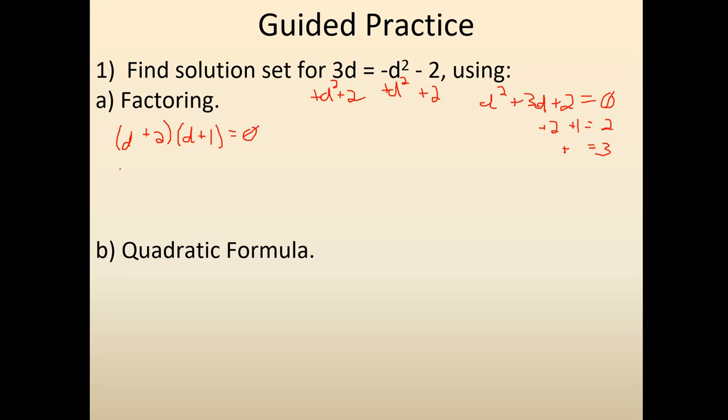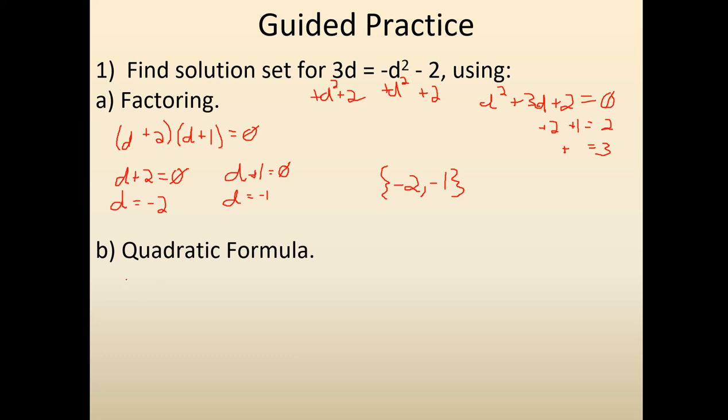Setting these each equal to 0, I get d plus 2 equals 0 and d plus 1 equals 0. From here, I just solve for d. For this one, I subtract the 2 over, and I get d equals negative 2. And here I subtract the 1 over and get d equals negative 1. So my solution set would be written as negative 2, negative 1.